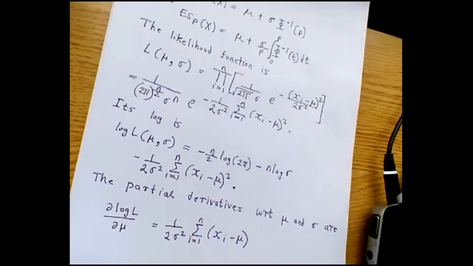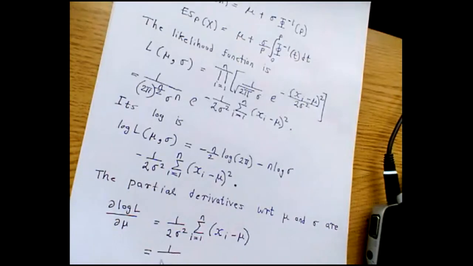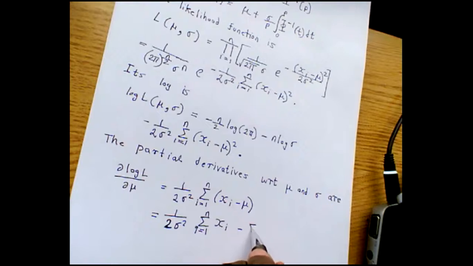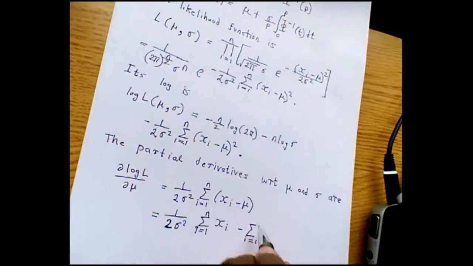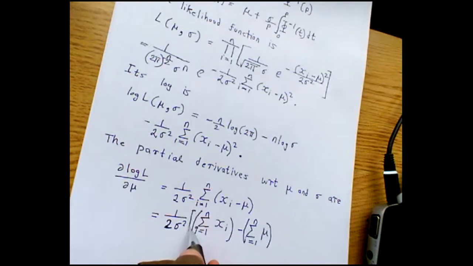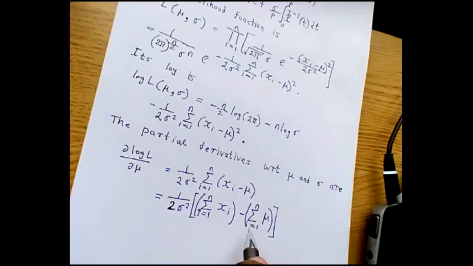Now you can simplify this to the sum of xi minus the sum of mu. Now the sum of mu is n times mu.